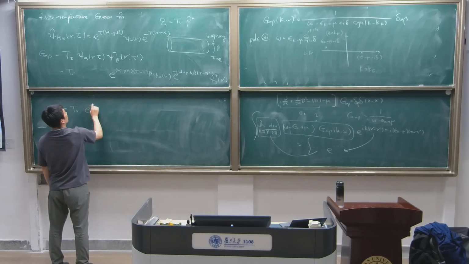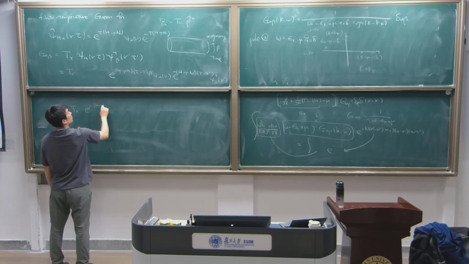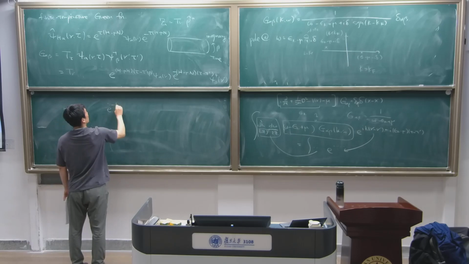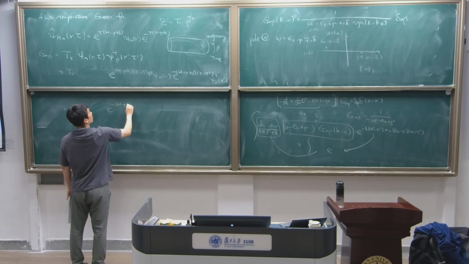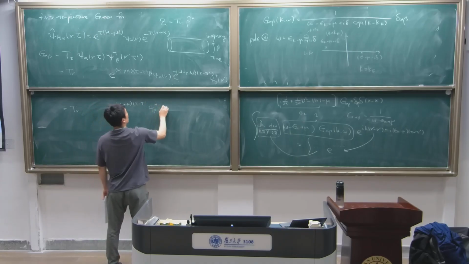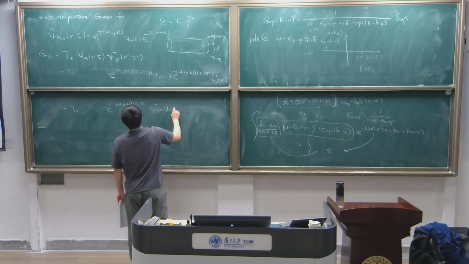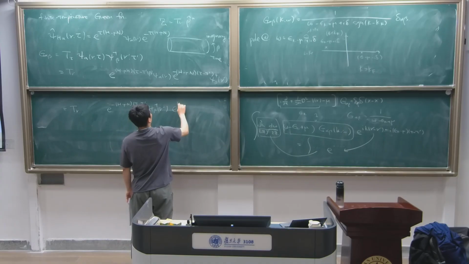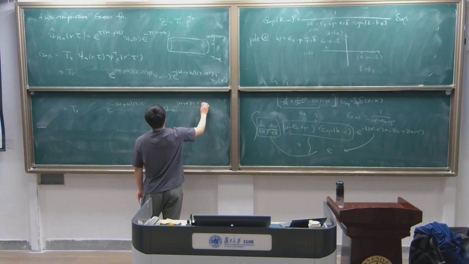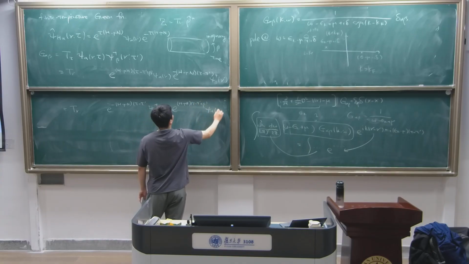So what you get is e to the minus h minus mu, and let me write that, e to the minus h minus mu, and beta squared of prime, okay? And e to the h minus mu and tau minus tau prime plus beta and alpha equals alpha.